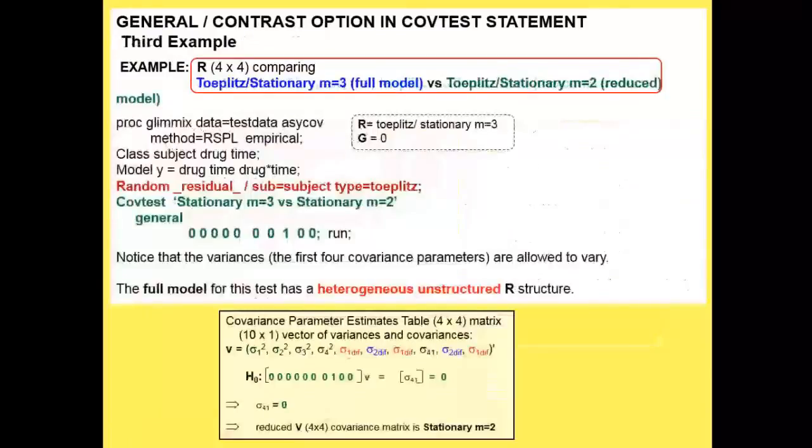So what am I starting with? I'm starting not with unstructured but with toeplitz. When you write toeplitz, it's equivalent to stationary m equal to 3 dependent when you've got a 4x4 covariance matrix.